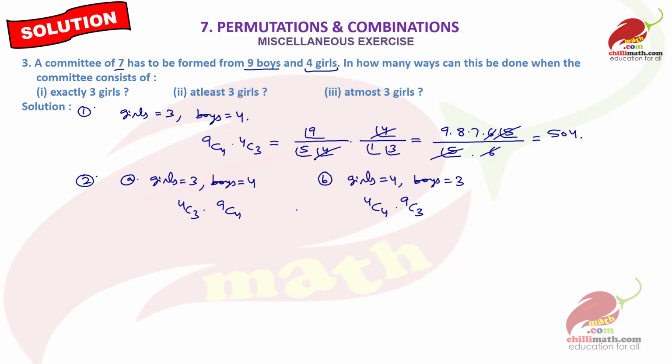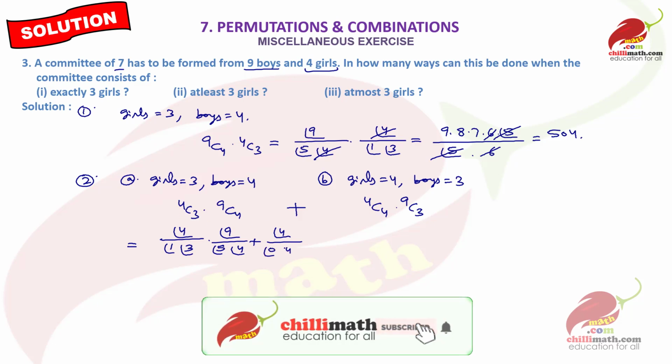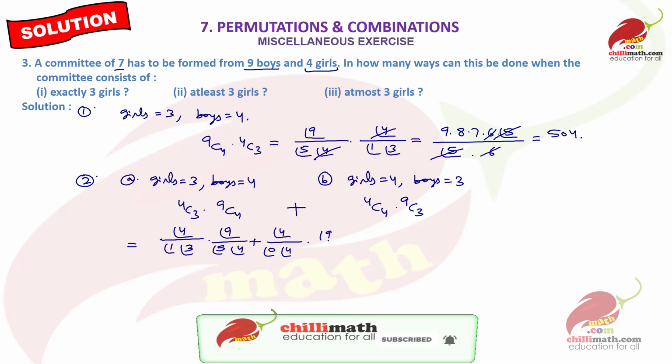Okay, so we need to find this because 'or' means addition. So this is 4 factorial over 4 minus 3, 1 factorial, 3 factorial, into 9 factorial over 5 factorial 4 factorial, plus. This is generally 1, this is 4, but I'm solving it completely so that you can understand better.